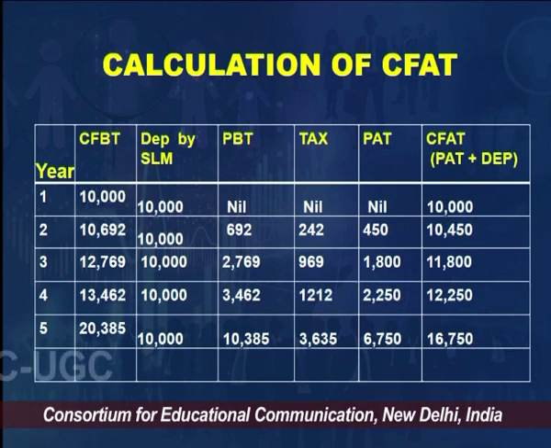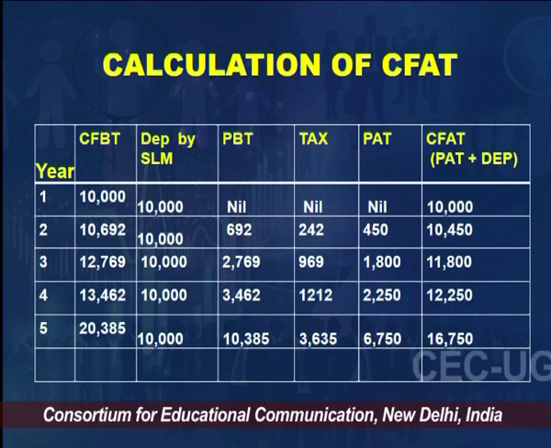I have put all those 5 values of 5 years in column number 2. First column is year, the second column is CFBT. The third column is depreciation, which we calculate using the straight line method. Since the value of the equipment is 50,000 and life is 5, if we divide 50,000 by N, which is 5, the depreciation per year comes out to be 10,000, right?